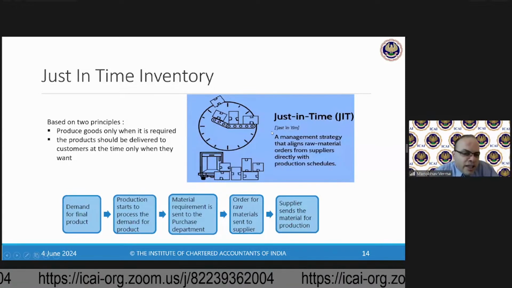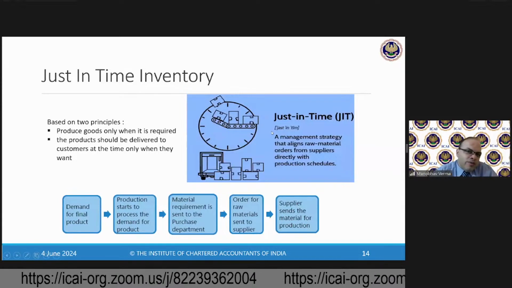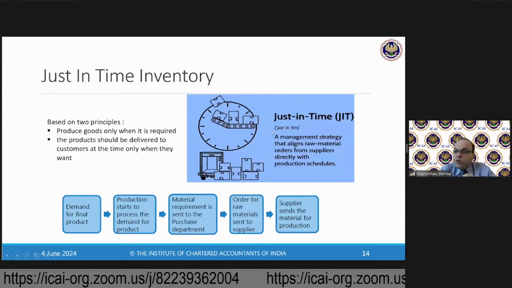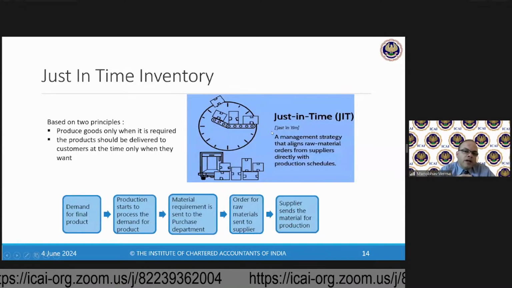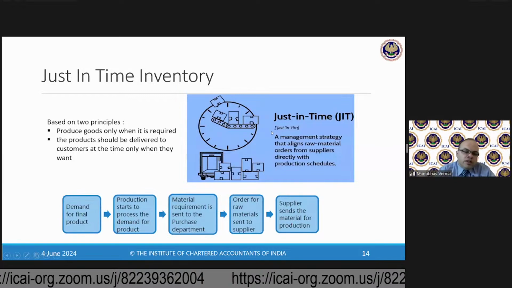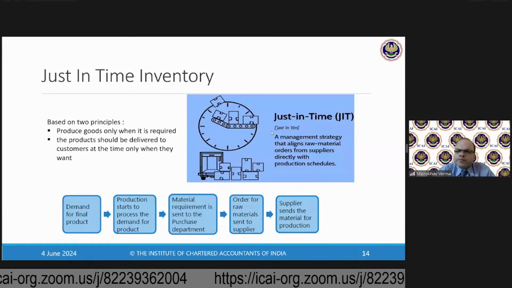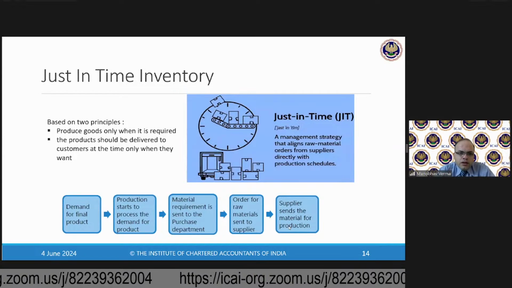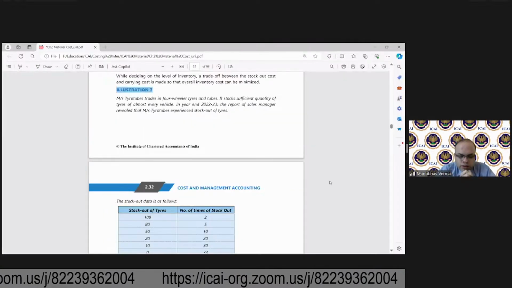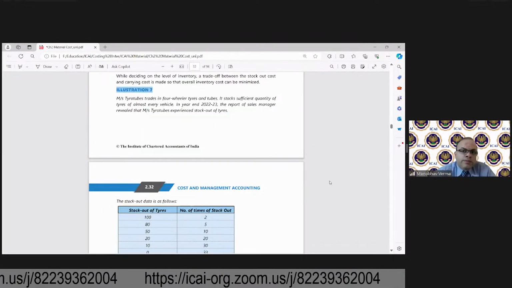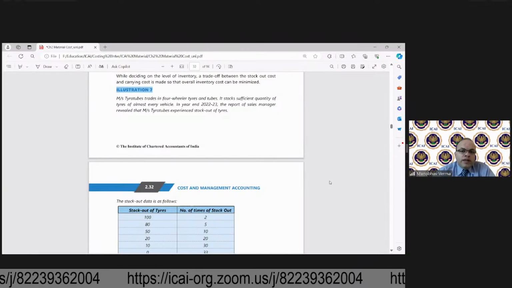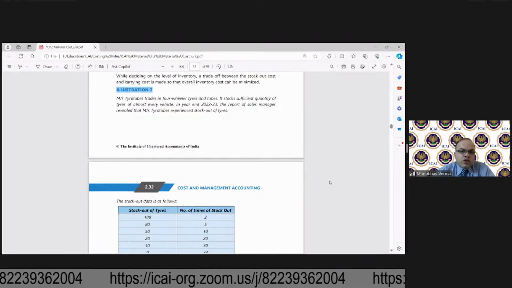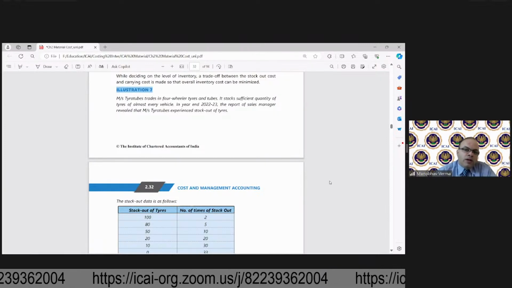Now there is an illustration in your study material, guys. I want you to definitely go through that later on, which is illustration 7. Let me show you my screen. It's a very good illustration for understanding. This is the illustration in your study material, which talks about four-wheeler tires and tubes, which stocks sufficient quantity for every vehicle.